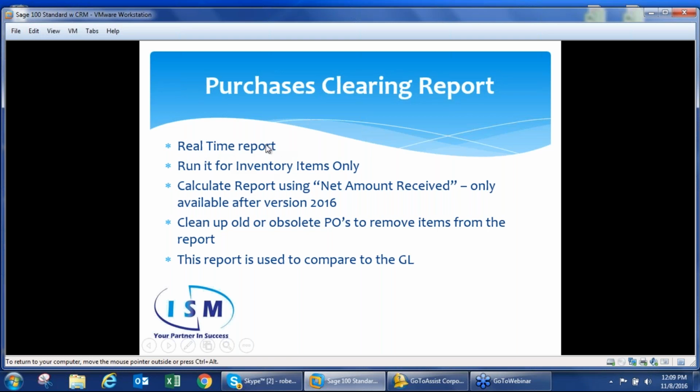Again, understanding that it's a real-time report, you have to be sure that you run the report in a timely fashion to then be able to compare it to the GL, or the report becomes stale.